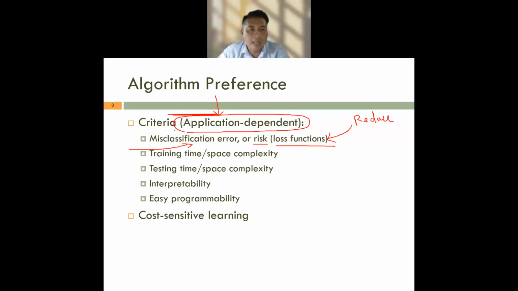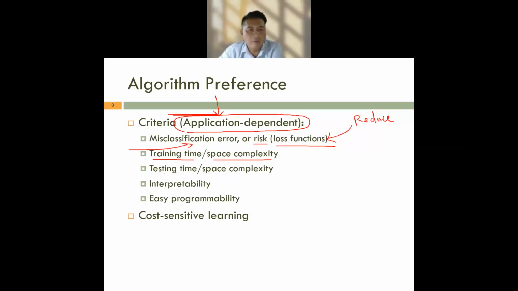We also look at how much time you need to train, and then how big is your data. So space complexity is referring to the data that we have, and we are looking at all the combinations of data that we have in order to get the best accuracy.